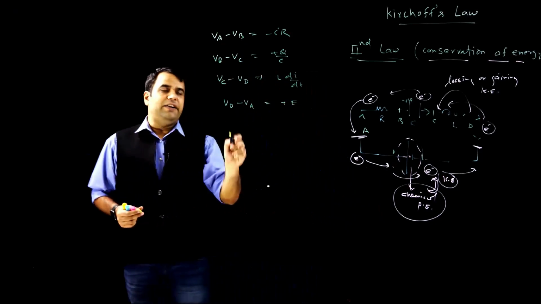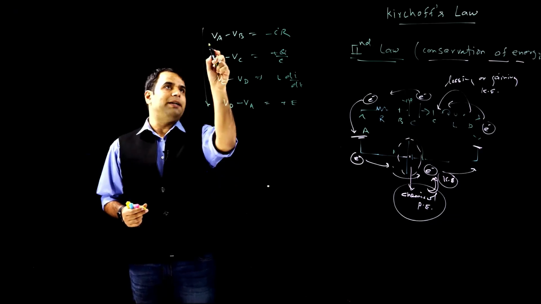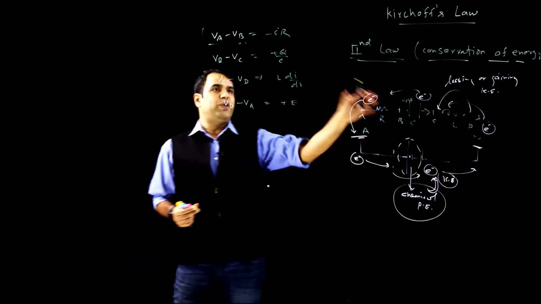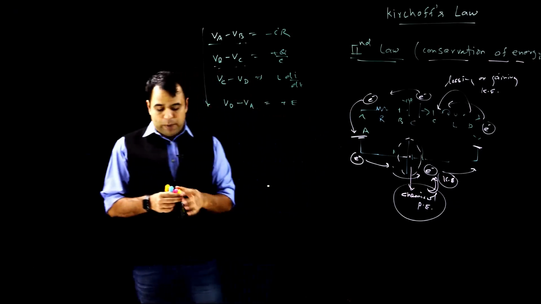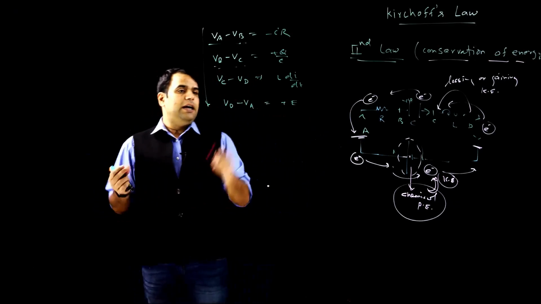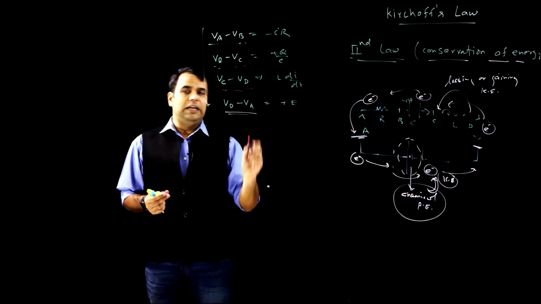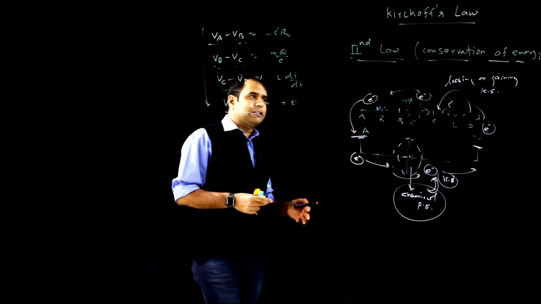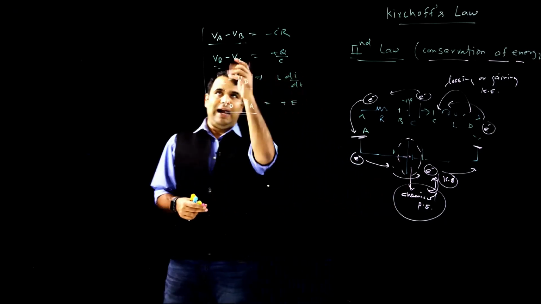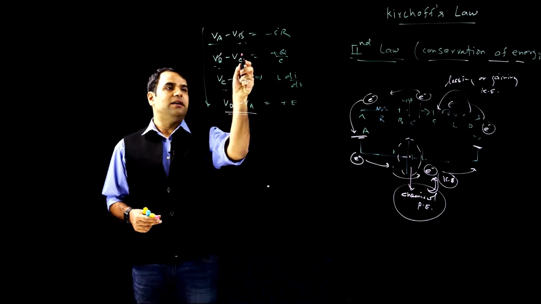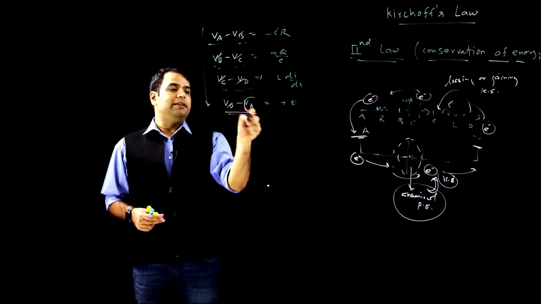So if you add the left hand side, this is the potential difference across one element, this is the potential difference across another element, the third one is also a potential difference across the third element, and this is the fourth element. So you calculate the potential difference across each and every element. But when you add everything, you see, everything gets cancelled out, and this is cancelled out by this.